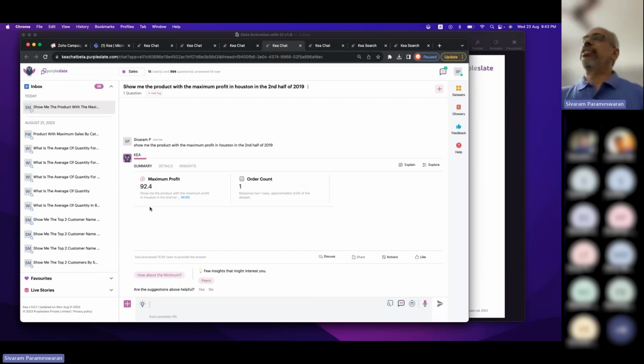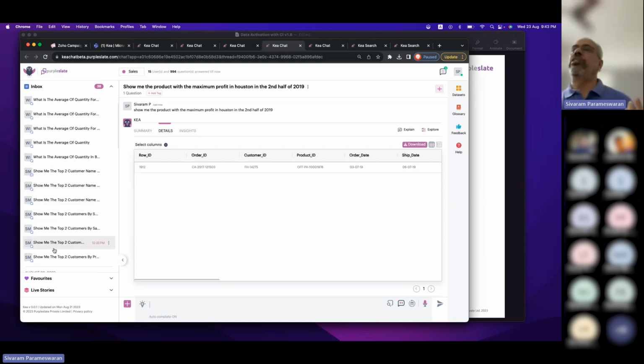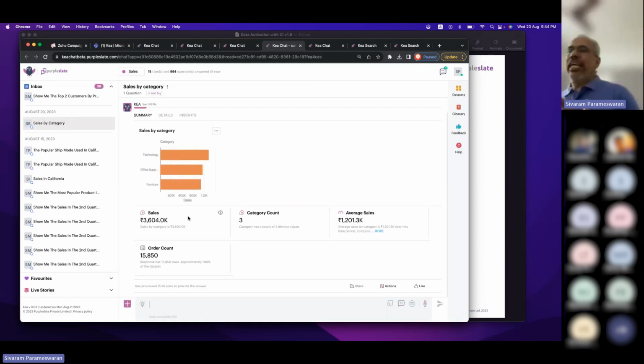It just gives me that information, and there can be a whole bunch of questions, as you can see, which we have asked here. Basically, it's your ability to communicate, in this case, with a data set, ask questions, and it just responds back, right?